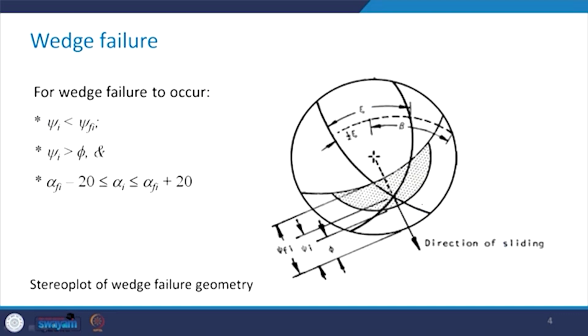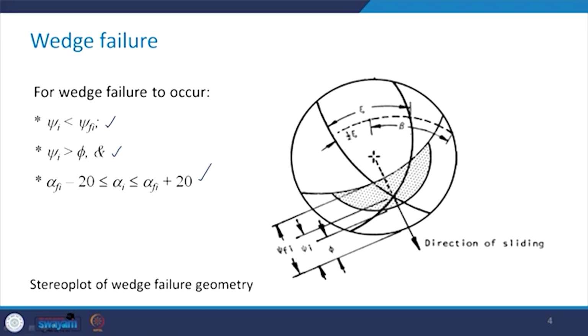Now, you know that as far as the kinematic analysis of wedge failure is concerned, for the wedge failure to occur, these three conditions have to be satisfied. This we have discussed in detail when we discussed the graphical representation of geological data.